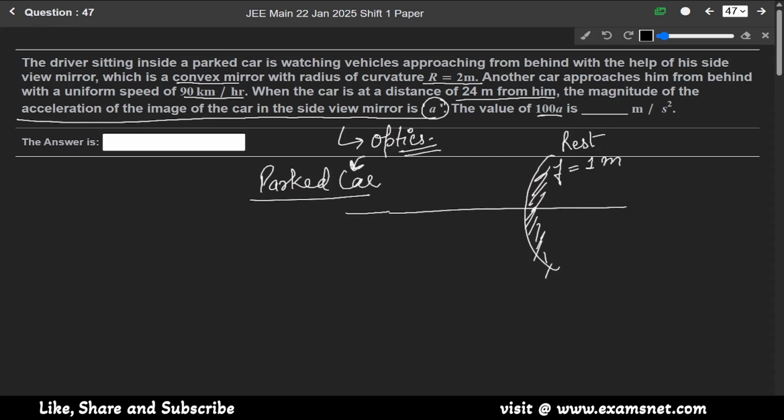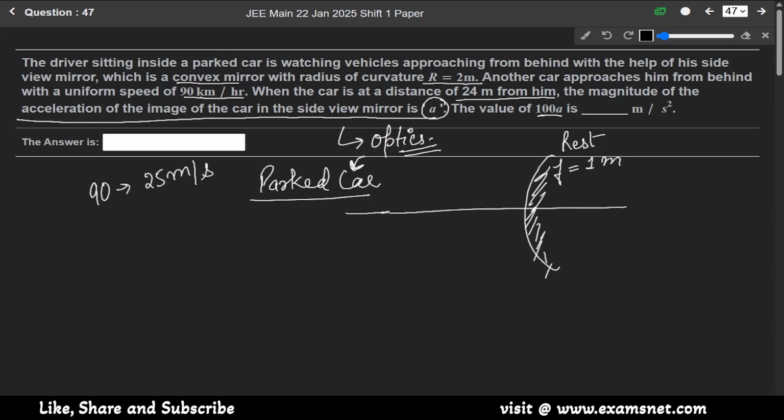Okay, another car approaches him from behind with a uniform speed of 90 kilometer per hour. 90 kilometer per hour means it is 25 meter per second, by multiplying by 5 over 18.